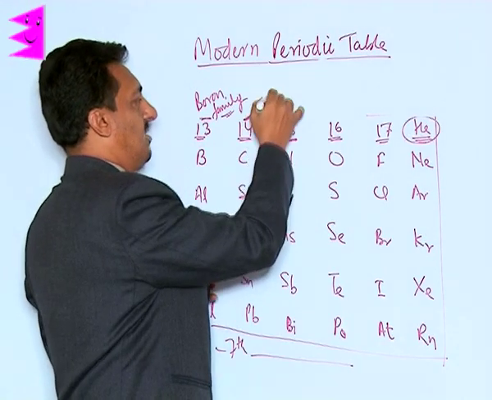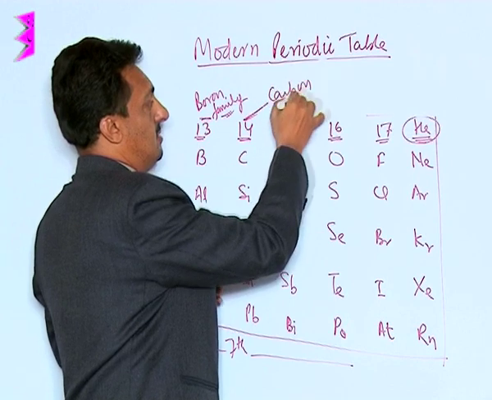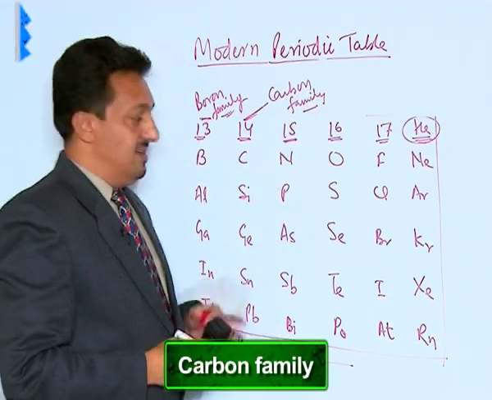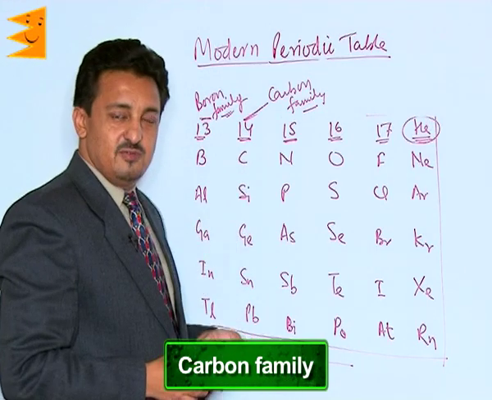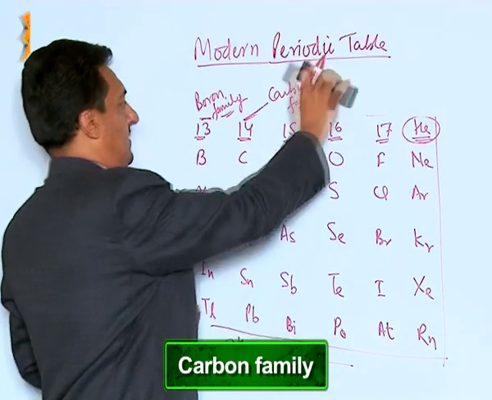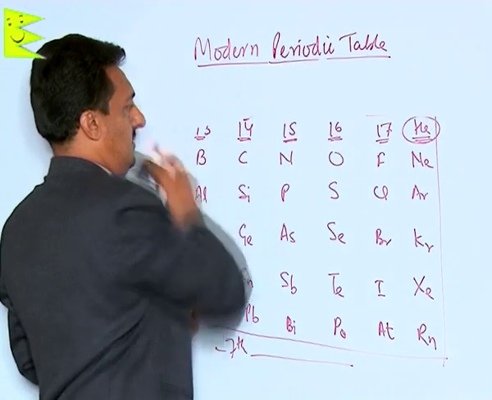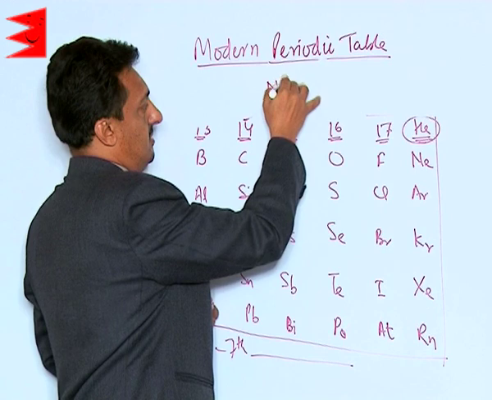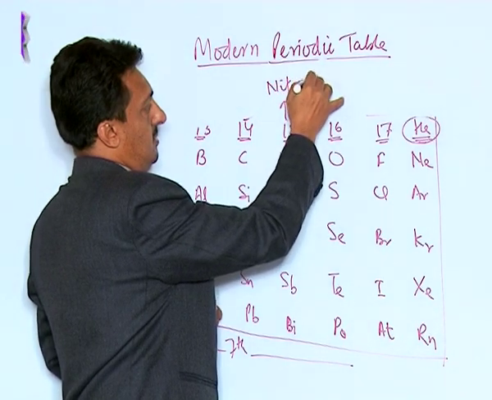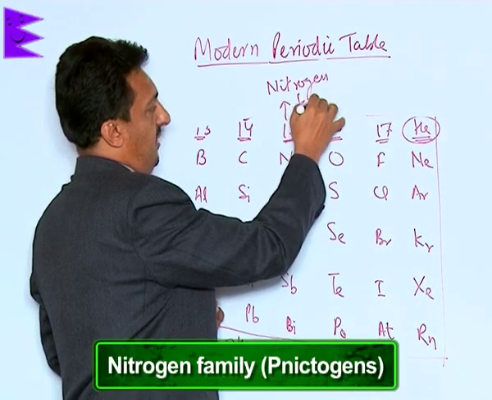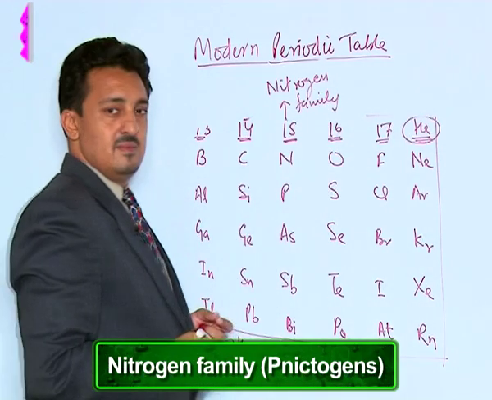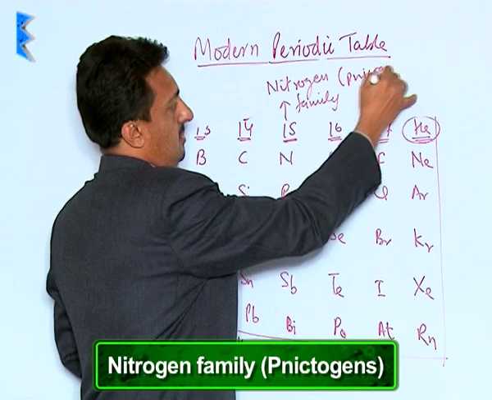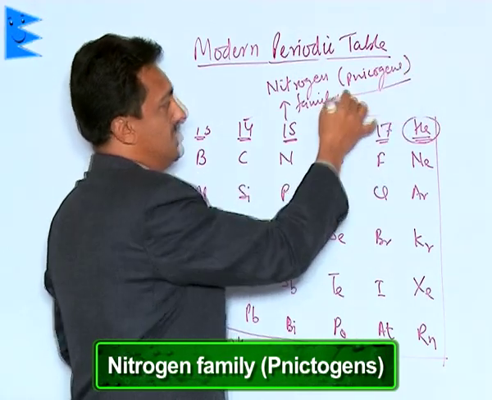The 14th group elements are called the carbon family, because carbon is their representative. Group 15 is called the nitrogen family. They are also called pnictogens.